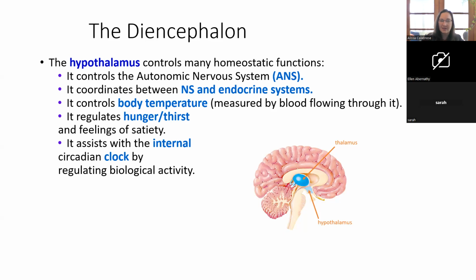Also tells you if you're hungry, helps to tell you if you're thirsty, to maintain water and fluid balance. It is also the connection between your nervous system and your endocrine system. So we'll get to the endocrine system towards the end of today, but your hypothalamus is sort of the connection between those two body systems. So a lot of really important jobs.